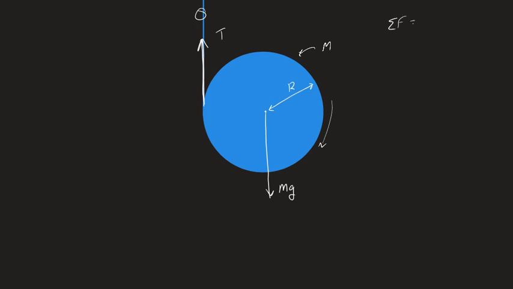So net force has to equal MA. So I have mg minus tension equals MA. That's it. We can't solve it with that, clearly, but that's the net force problem. So just because the system is rolling doesn't mean that there still isn't a net force problem.